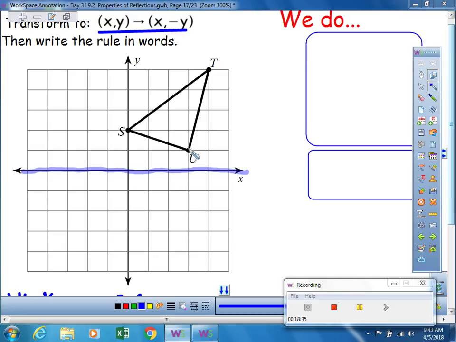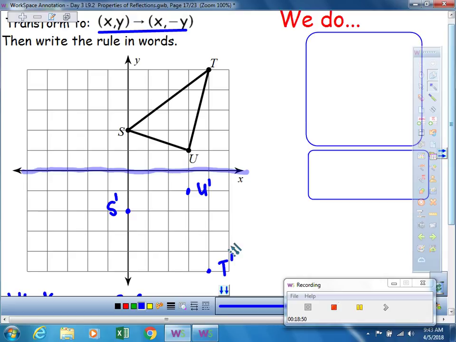And then plot your points. And label with the prime mark. What happens if what? That's tomorrow.